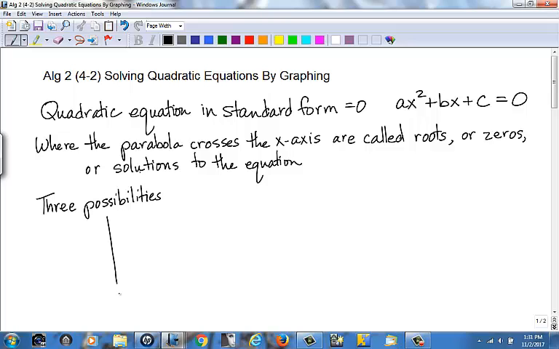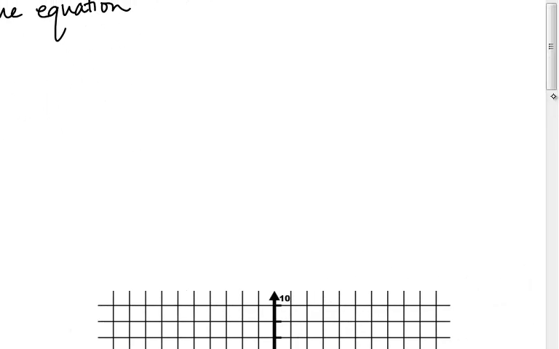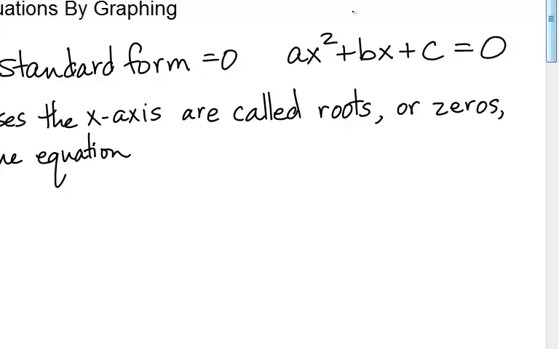One is you will have a parabola, and I'm just going to do one sketch of it. You will have a parabola that just touches the x-axis. And it's a quadratic equation. If you look at this in this form, this is telling you how many solutions you should have. You should have two answers.